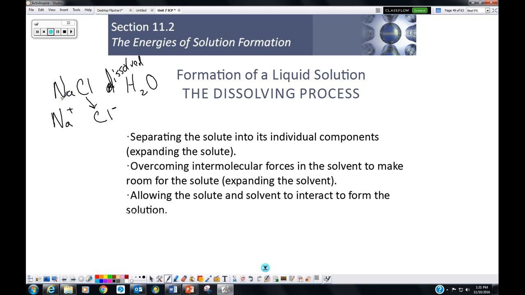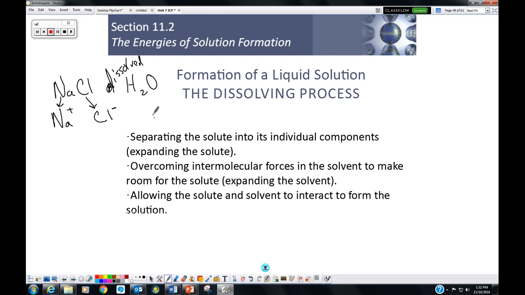Now, is the water molecule going to separate into hydrogen and oxygen? No, because it's covalently bonded. But what will happen is some of those IMFs between the water molecules will disperse. So we'll have fewer intermolecular forces in there, which basically gives room for the salt ions to come into play.